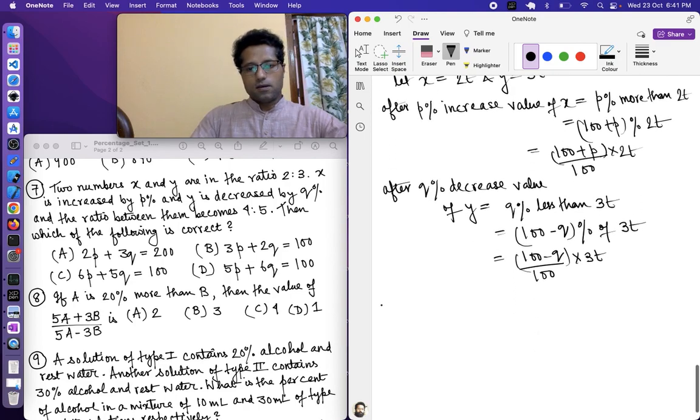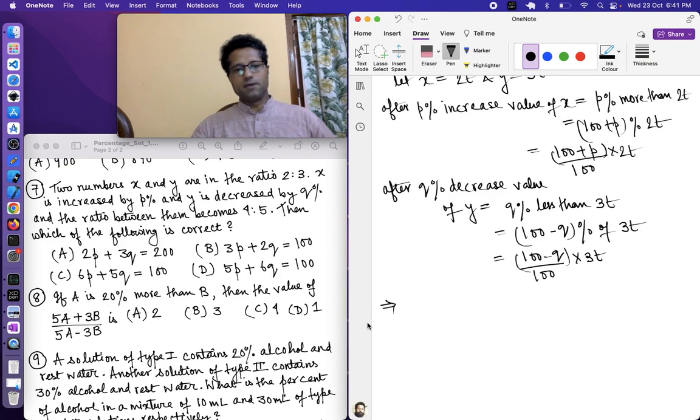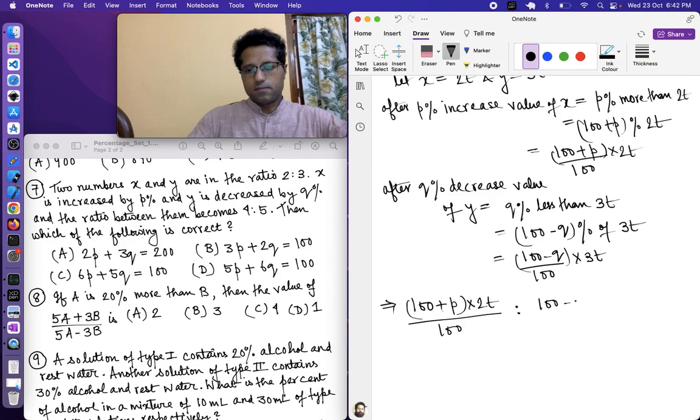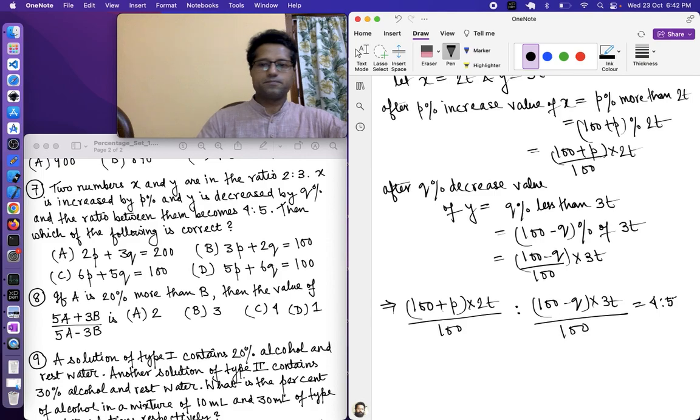So it is also given that after x and y were increased and decreased by p% and q% respectively, their ratio is 4:5. So we must have 100 plus p multiplied by 2t divided by 100 is to 100 minus q multiplied by 3t divided by 100. This must be equal to 4:5.